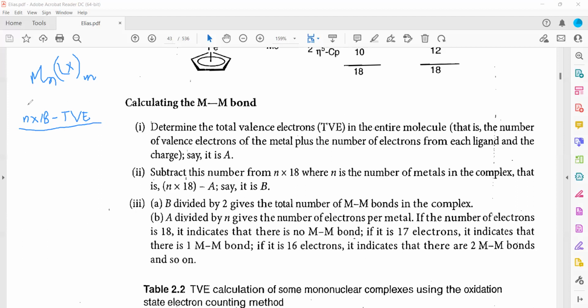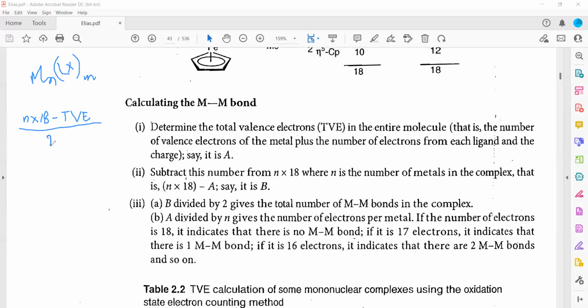Now this will give you the number of electrons that should have been there but are not there for stability, right? So you subtract, and you get the number of electrons needed for the formation of 18 electrons per metal, and then you need to divide it by 2.